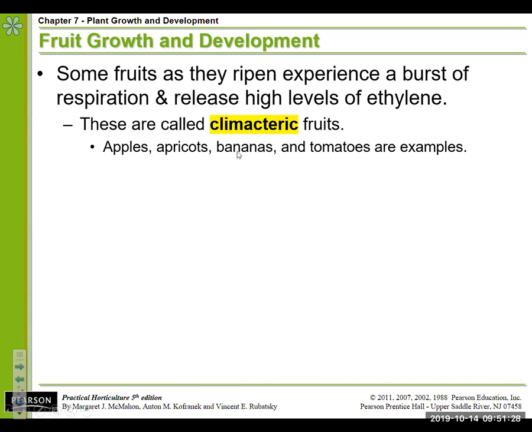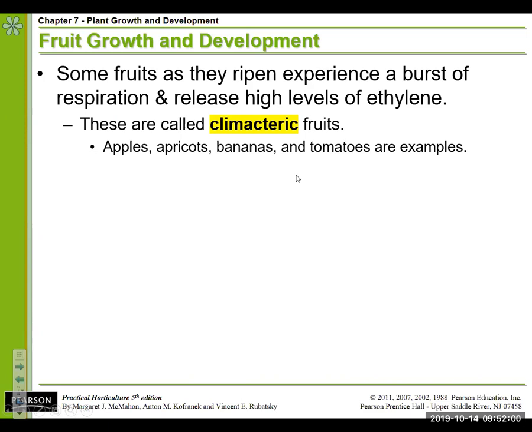And especially on the banana and tomato side, we actually are picking these fruits when they're still green in many cases, and then using that ethylene to accelerate the ripening. So in that case, we're not getting the same flavor profiles as we get if they just naturally ripen on the plant. So we see, like, the greenhouse vine-ripened tomatoes in the store.